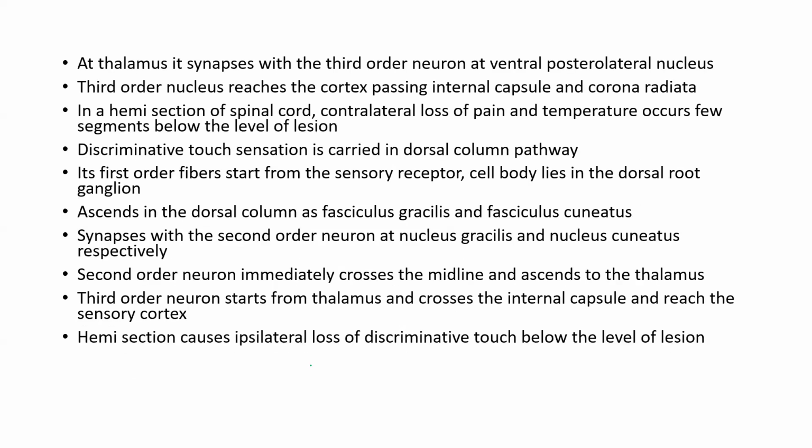It will synapse there. The dorsal column fibers, the first order neurons, will enter the spinal cord, and they won't cross to the opposite side. They will go up to the medulla oblongata, and only then do they cross to the opposite side. Because of that reason, in hemisection of the spinal cord, pain and temperature are affected on the contralateral side, meaning the opposite side, and the dorsal column pathway on the same side.